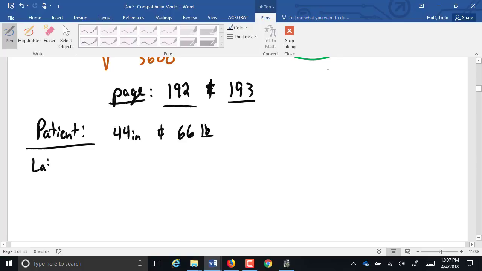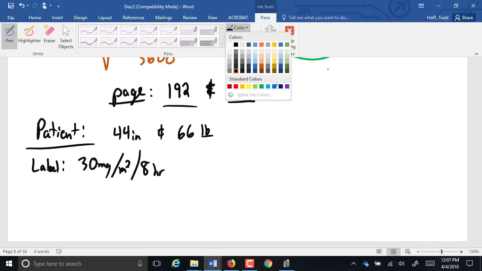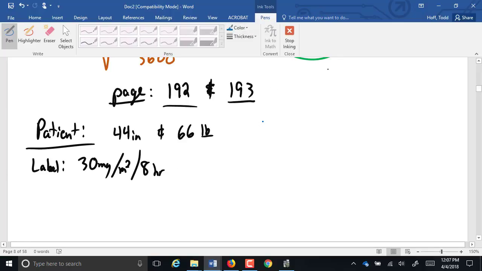The label recommends 30 milligrams per meter squared per 8 hours. So the first thing we have to do is find the BSA here in meters squared. I'm going to use the formula just because I don't mind doing the calculation. So we've got a height of 44 inches times a weight of 66 pounds.